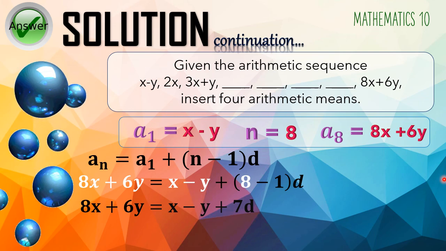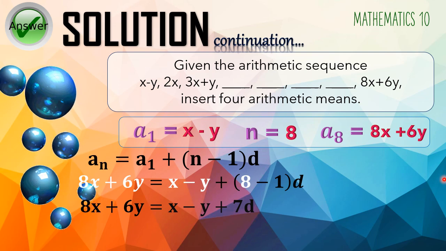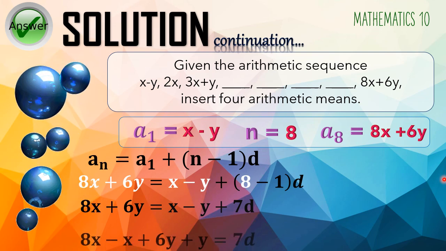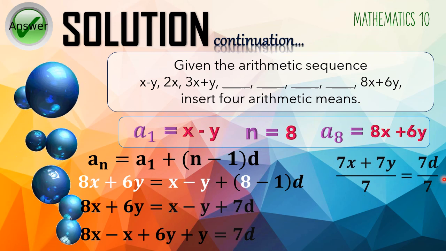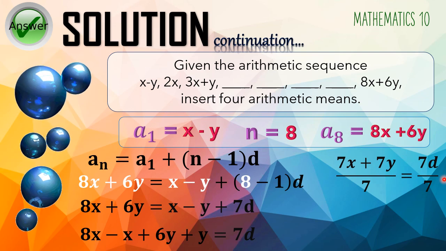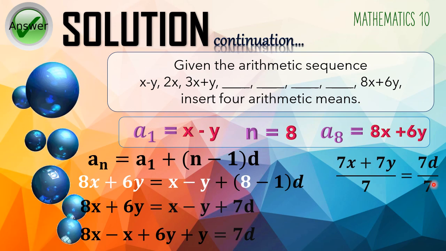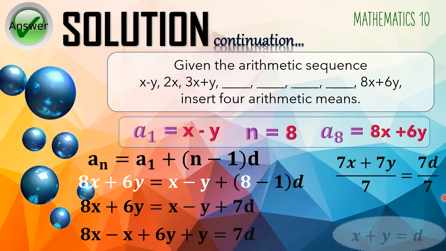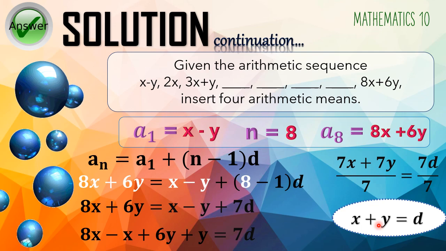So be careful with the terms that you are going to add or combine. And so, we will have 7x plus 7y equals 7d. This is not yet simplified, so we need to isolate the d by dividing both sides by 7, and so our common difference is x plus y.